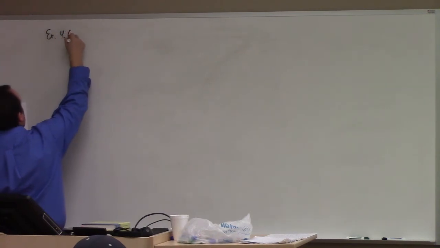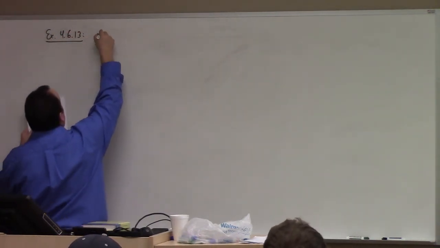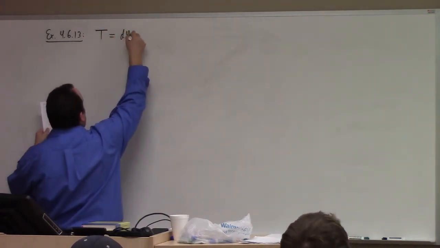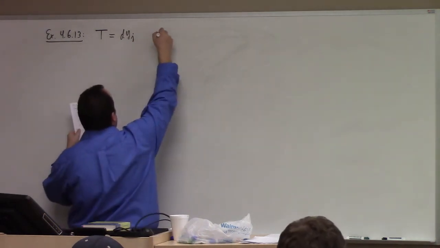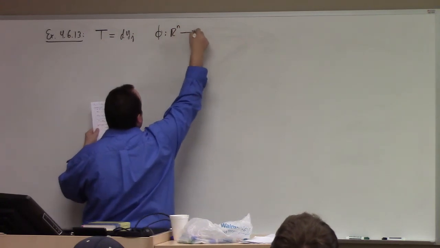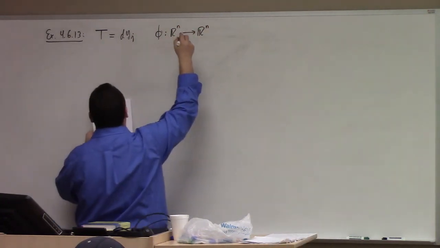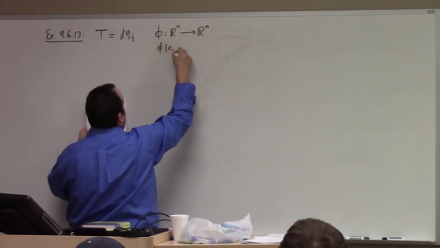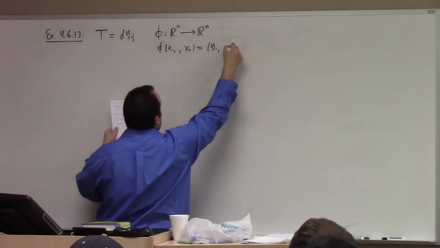Example 4.6.13, he looks at the tensor dyj, and he's looking at phi being a mapping from Rn to Rn, where his notation is that phi of x1 through xn is equal to y1 through yn.